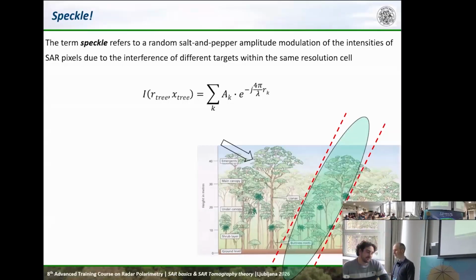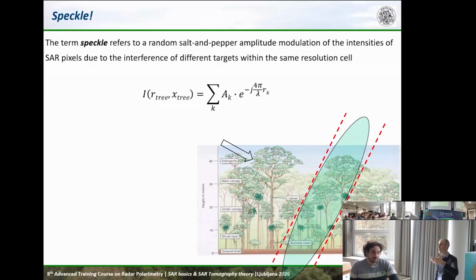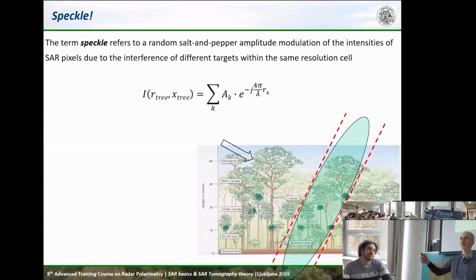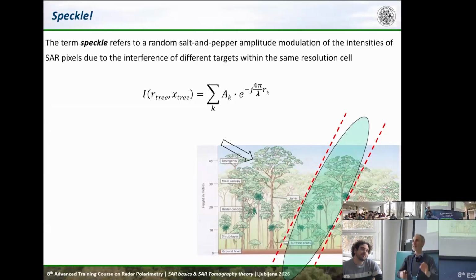We say that a SAR image is, the wave penetrates. So the SAR pixel is sensitive to whatever stays in the resolution cell. I can finally say that. Now you know it. So whatever stays within the resolution cell, within the bicycle tire, contributes.